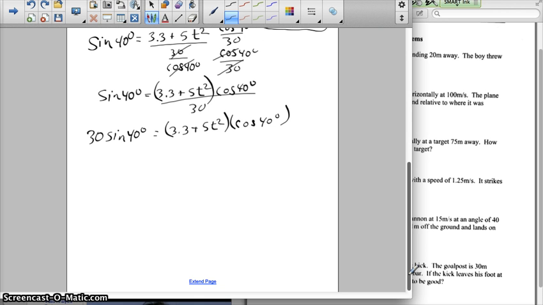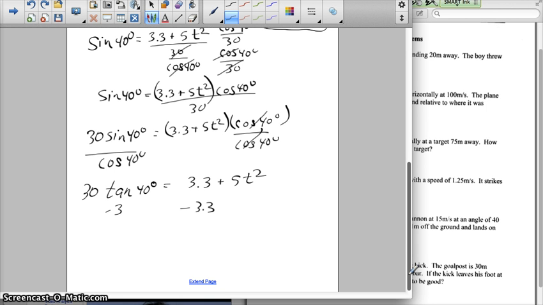Alright, so I think I'll be better off if I divide both sides by cosine 40. And this is the same thing as 30 tangent 40 degrees equals 3.3 plus 5t squared. See what would be good now. Let's take away 3.3 from both sides.